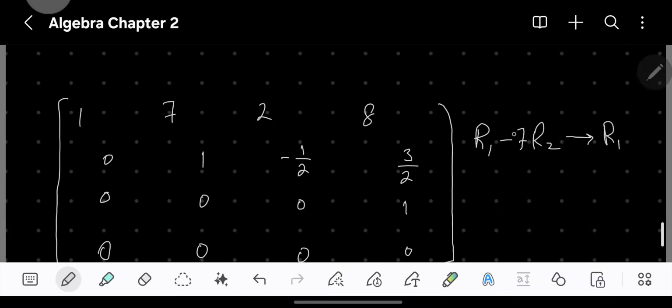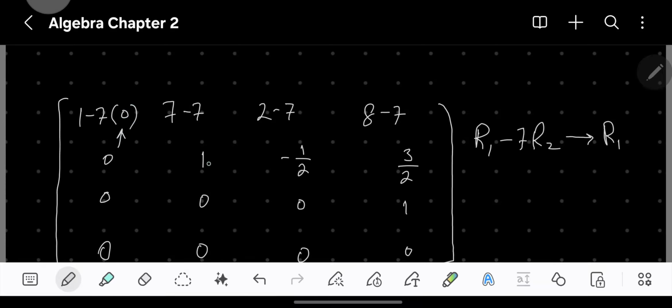Then minus 7 everywhere: minus 7 times R2.